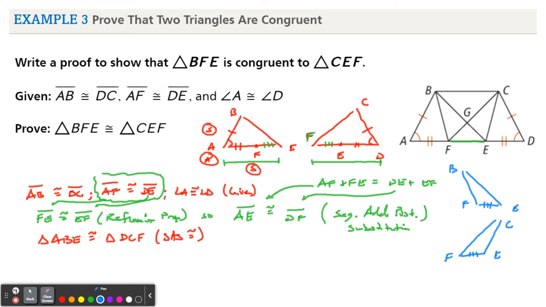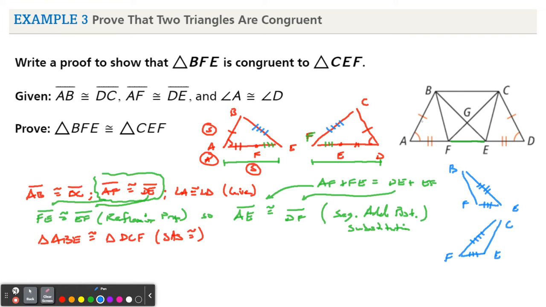We also know that all the corresponding parts of these two triangles are congruent because the two triangles are congruent. So if we look, what overlapping parts are in the blue triangles? I see that BE, this side here, I'll mark with 4, and I know that CF, I'll mark this side with 4 as well. Those two sides are corresponding parts of these two triangles, so they're going to be congruent.